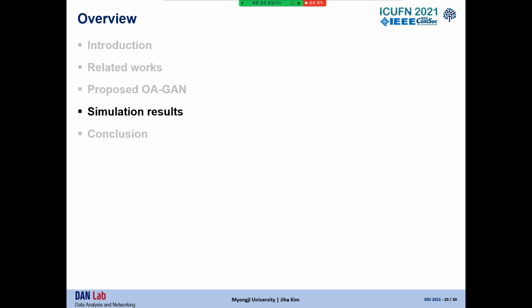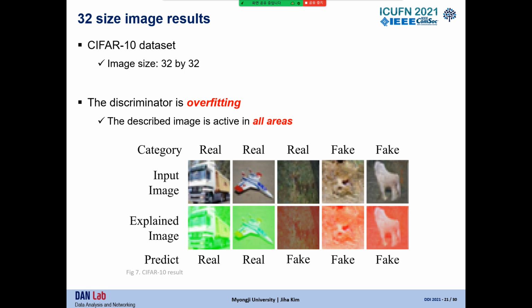Next, simulation results. The following figure illustrates the result using a small image. The LIME results show that all areas of the image are active. The discriminator runs on the features of the image, which are too large for the overall image size.